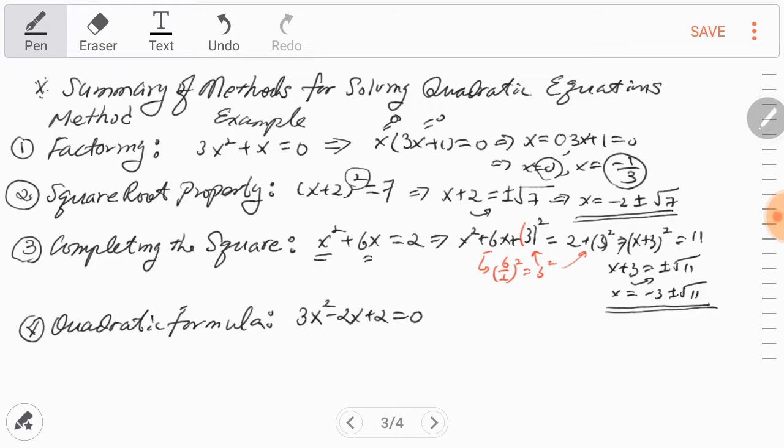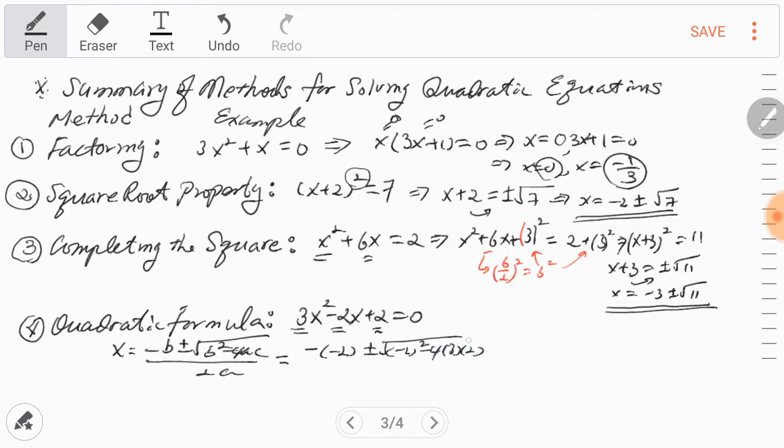Okay, and then finally the fourth method is the quadratic formula. Just use the quadratic formula. What's the quadratic formula? Negative b plus or minus square root of b squared minus 4ac, over 2a. Then a is 3, b is negative 2, c is 2. So plug in all these numbers. Negative b plus or minus square root of b squared minus 4, a is 3, c is 2, over 2a.